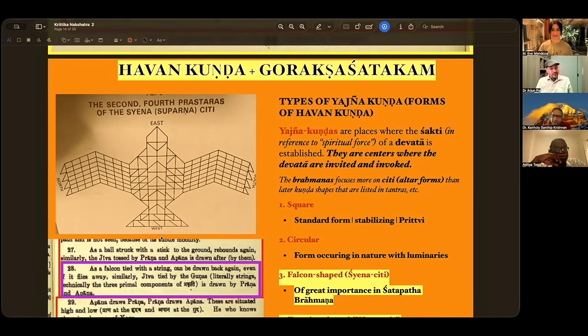Mars is exalted in Capricorn, whose lord is Shani. Saturn is exalted in Venus's Libra. Venus is exalted in Jupiter's Rashi. Jupiter is exalted in the Moon's Rashi. And then the Moon is exalted in Venus's Rashi, Taurus. So that is the end.